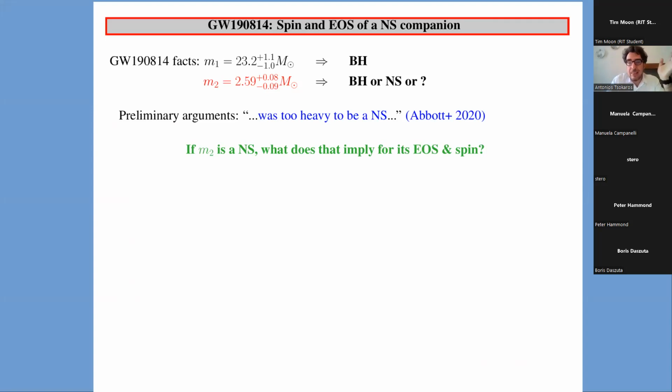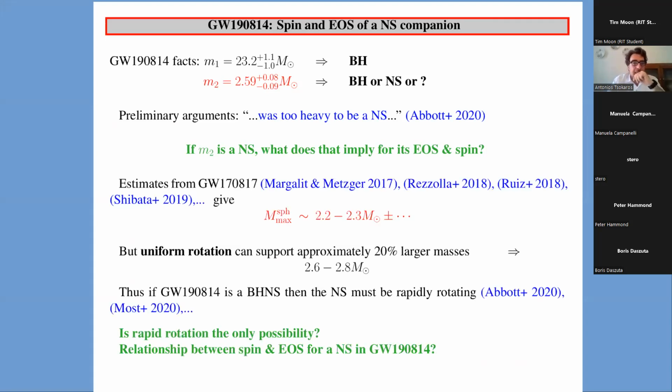And what does that imply with respect to its equation of state and spin? From different estimates, we have found that the maximum mass of a neutron star is approximately 2.2 or around 2.3, from the earlier considerations that I have talked about, which means that this star can be a rapidly rotating neutron star.